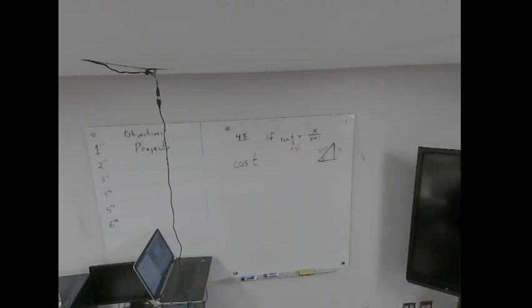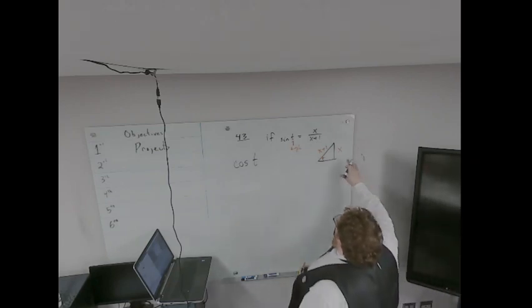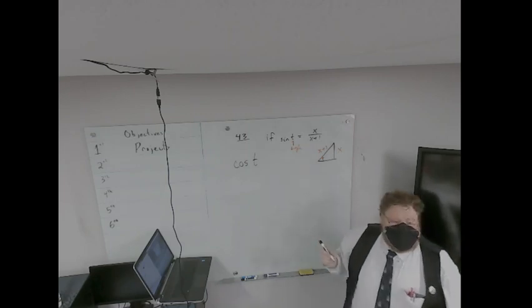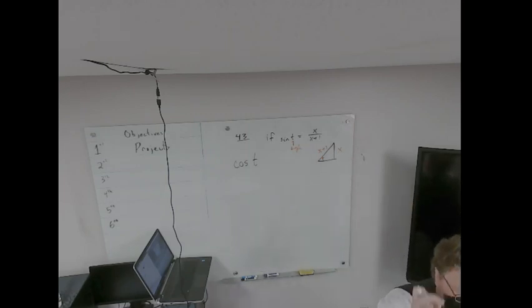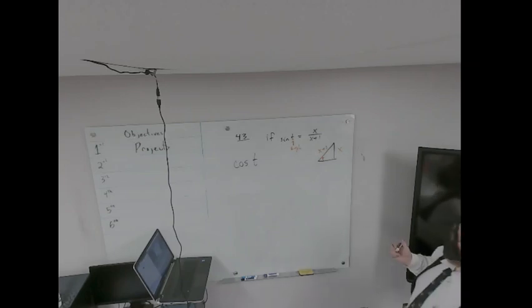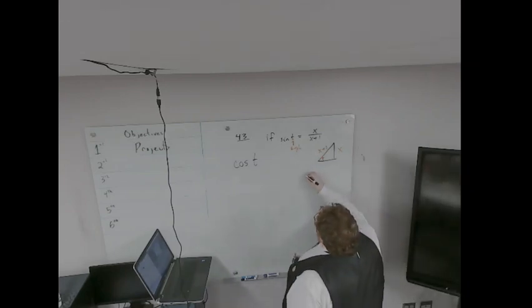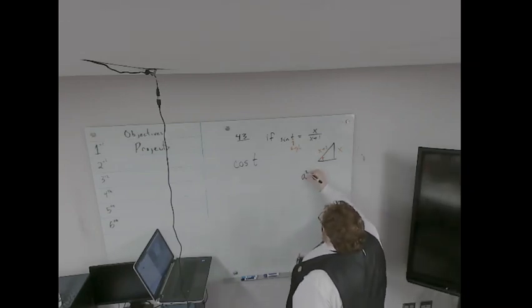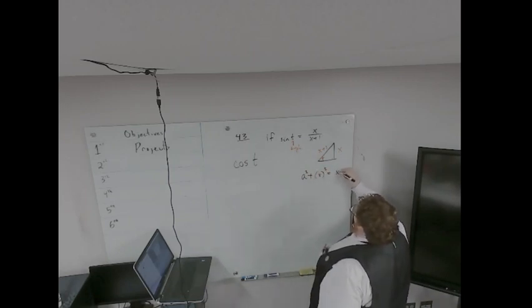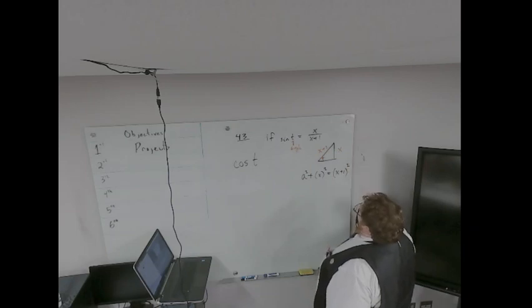So I'm going to approach it just like I did 41. Same process. I find this missing side using the Pythagorean theorem, and then I just write down what cosine of t is. It's a different way of asking the same question. They've given us sine as a ratio. Use it to find cosine. Here we go. I find the missing side. So a squared plus x squared equals (x plus 1) squared.